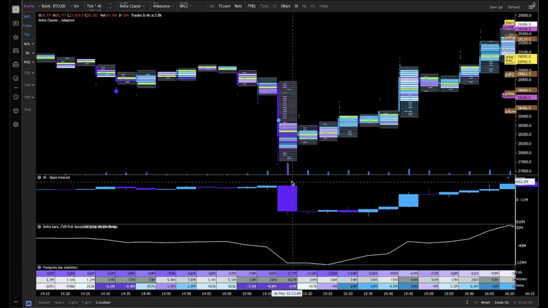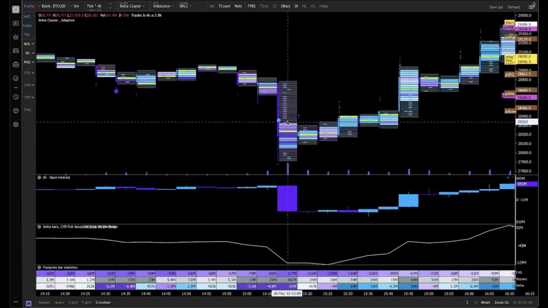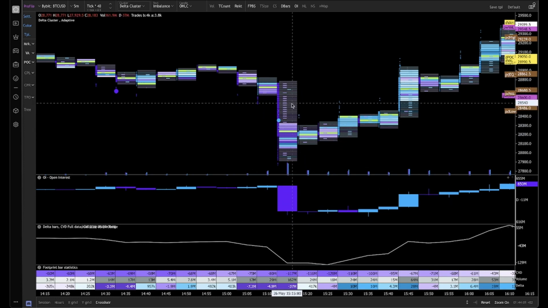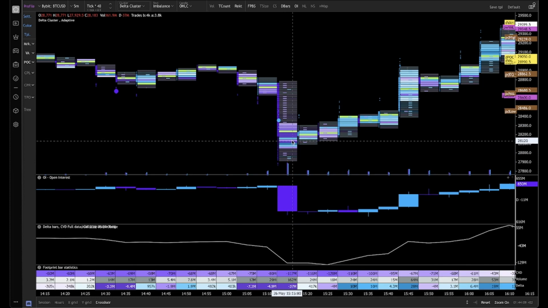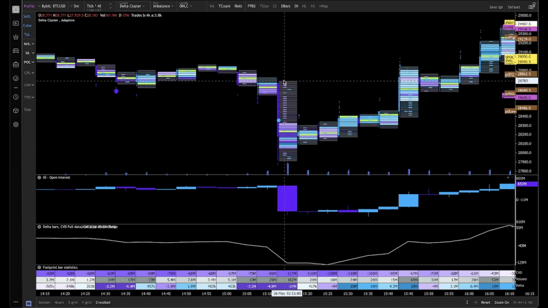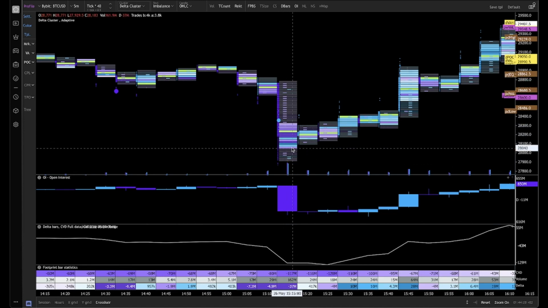And then you go into the value area to see where the most volume has been transacted in this candle. And when trading an SFP, you want it to be at the low of the candle for longs and the top of the candle for shorts, because you want a lot of volume traded at the low and the top of the candle.